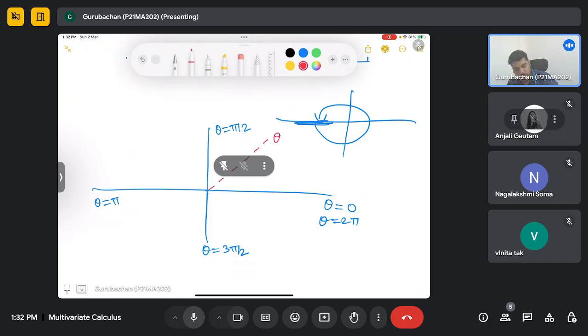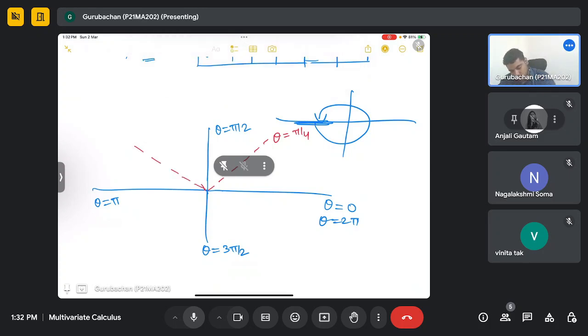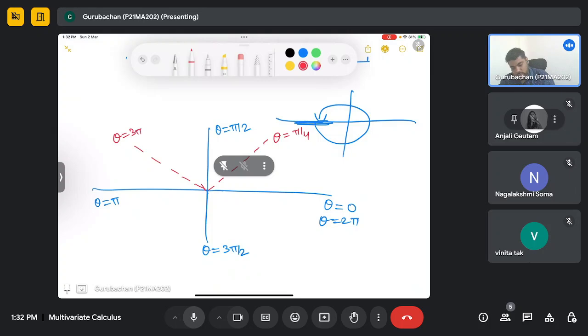So this is theta pi by 4, and let me draw it here. So this is theta 3 pi by 4. So this is the approximate curve. If there is some mistake, I hope you will get to know.